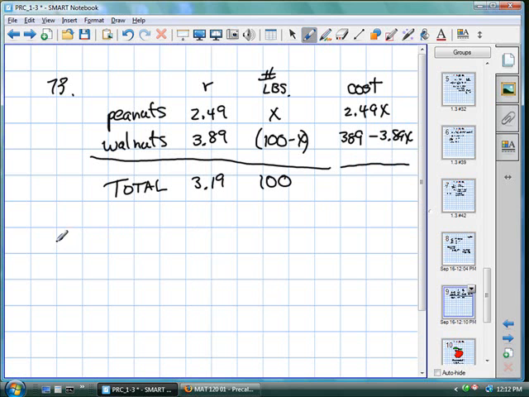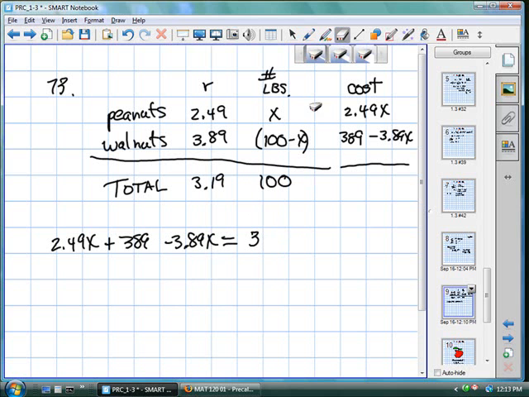So one way to write the total cost is 2.49x plus 389 minus 3.89x. What's another way to write the total cost? Wouldn't it be 3.19 times 100? Yeah, from the given information. So there's your equation. I forgot to move the decimal, excuse me.